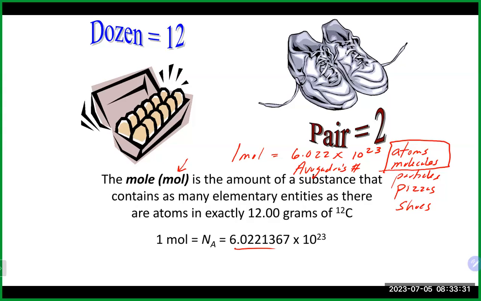And we can use it really as a conversion factor. Like I said, we could use it as 6.022 times 10 to the 23 atoms over a mole. Or you can flip it around.